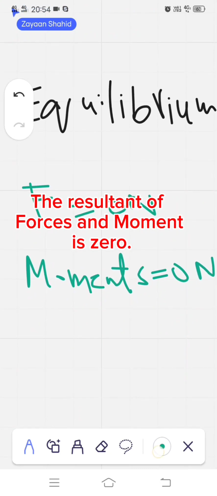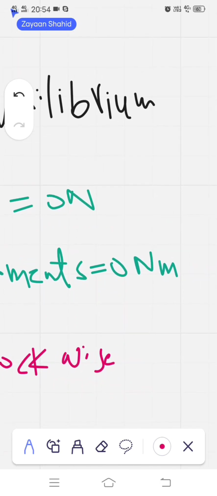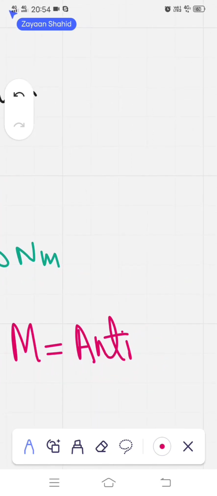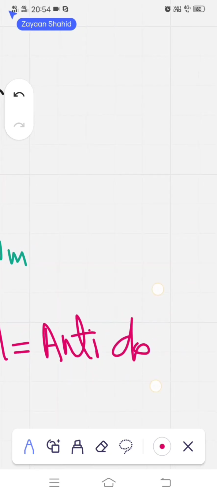Moments in the clockwise direction are equal to anti-clockwise moments. This is the meaning of the resultant moments being 0 Newton meter.